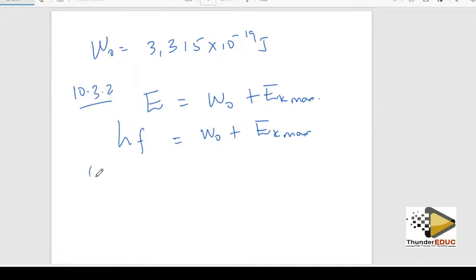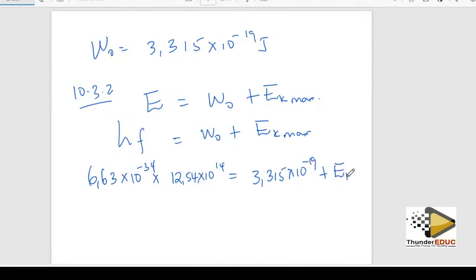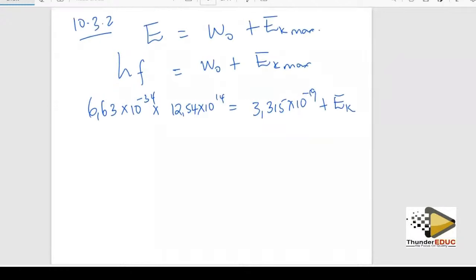So I'm going to say 6.63 times 10 to the negative 34 times 12.54 times 10 to the 14 is equal to our work function, which is 3.315 times 10 to the negative 19 plus the EK that we want.